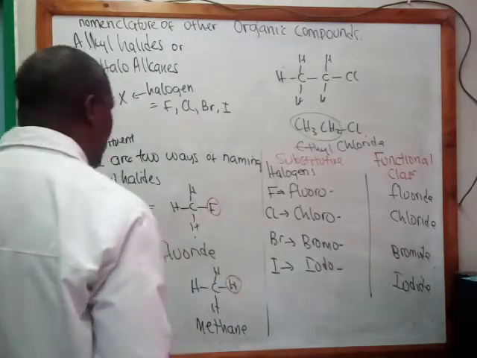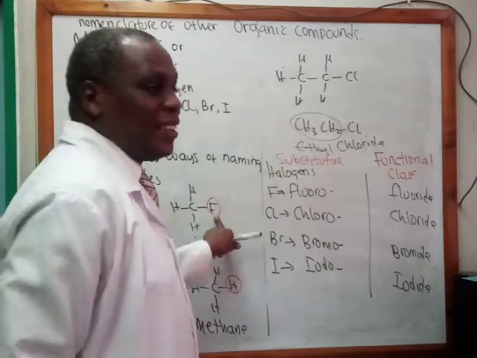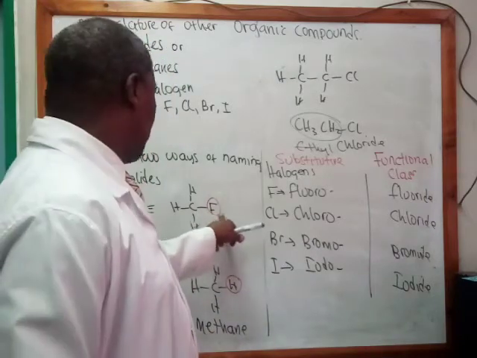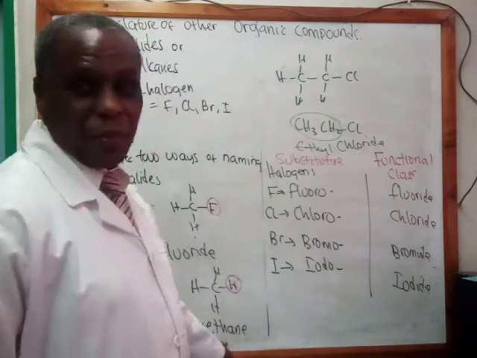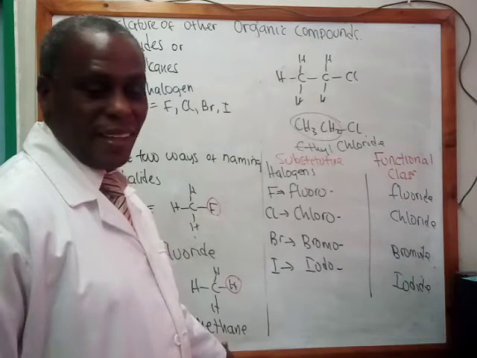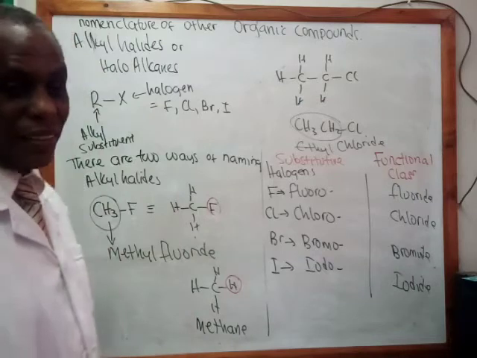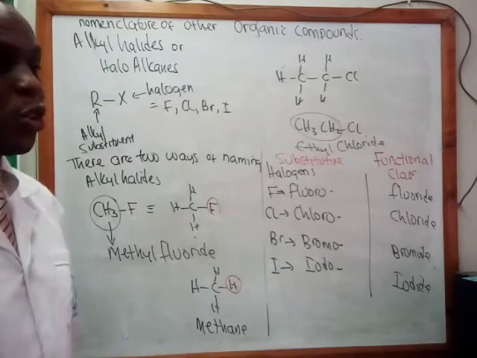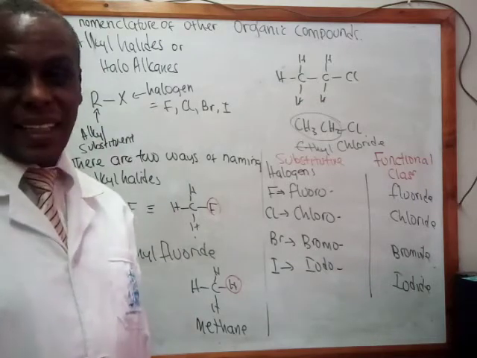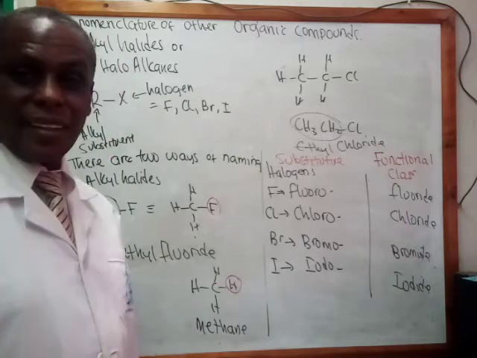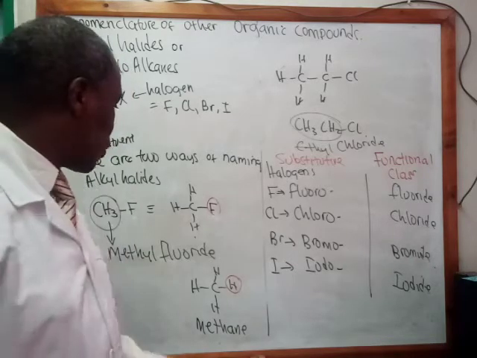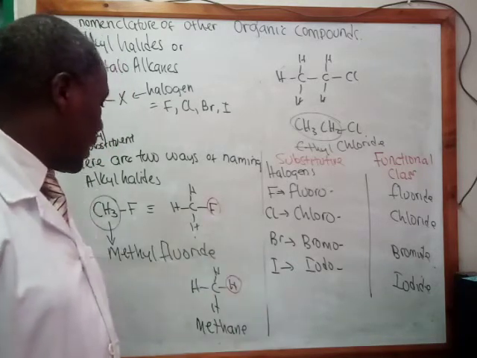In this case, you are going to say the fluorine is a substituent on a methane. So the functional group will be an alkane.